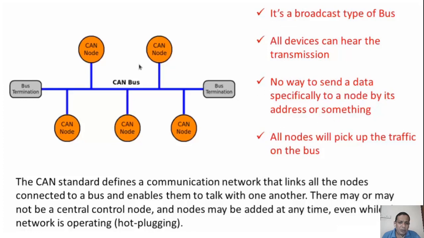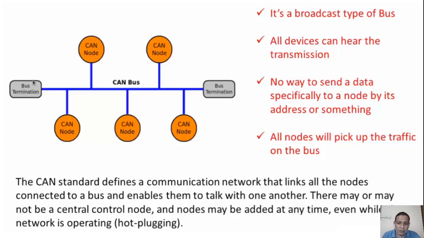Suppose I want to send from here to here, I cannot send directly. I can broadcast on this bus, and these others can listen. All nodes will pick up the traffic on the bus.